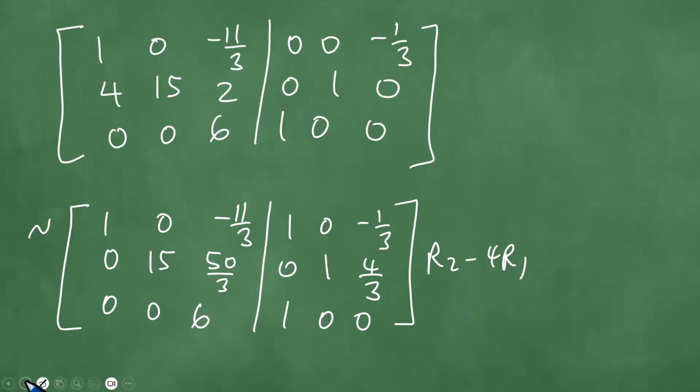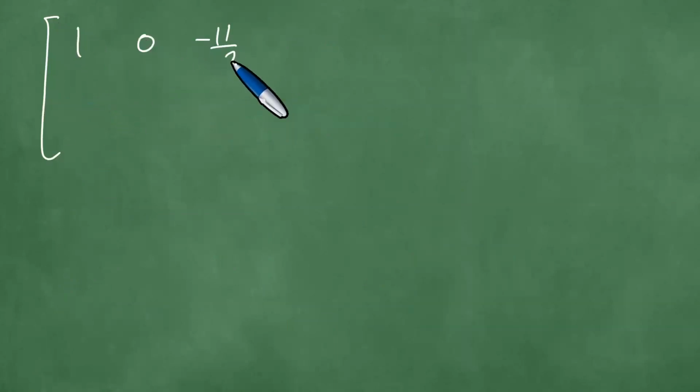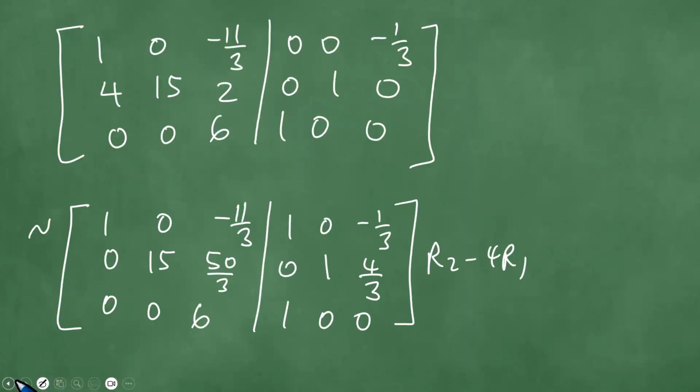It's exactly this, but now we want to get a 1 here. So we're going to keep the first row the same: 1, 0, minus 11 out of 3, 1, 0, minus 1/3.